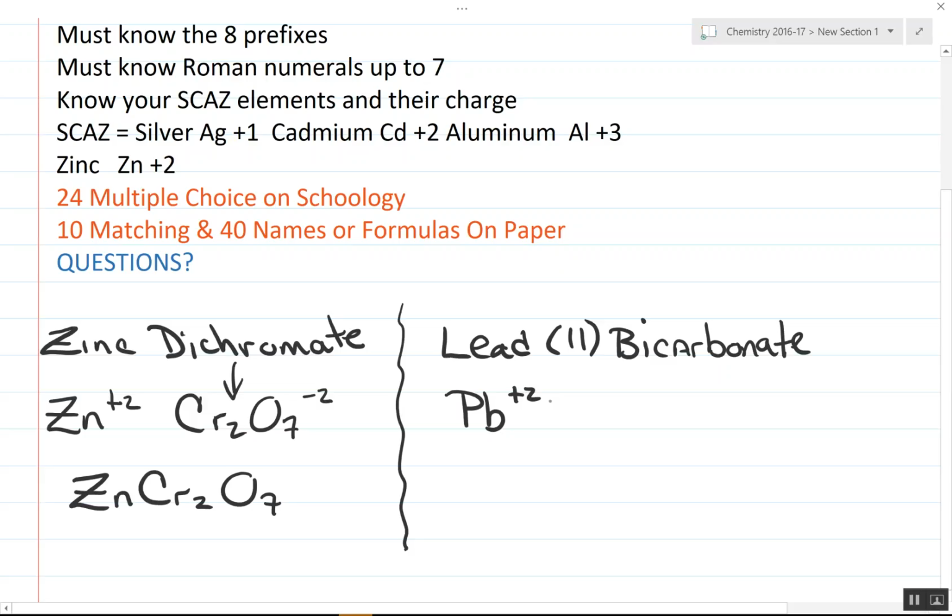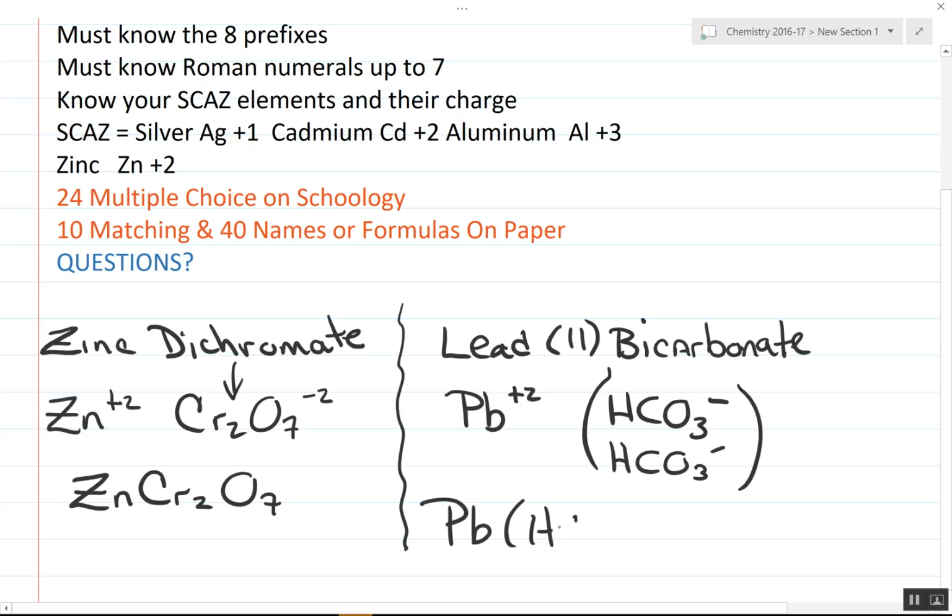Bicarbonate is actually hydrogen carbonate ion, which is HCO3 -1. So, do we have enough bicarbonate ions there? No, you need another one. So now you got 2 of these guys, so they have to go in parentheses.